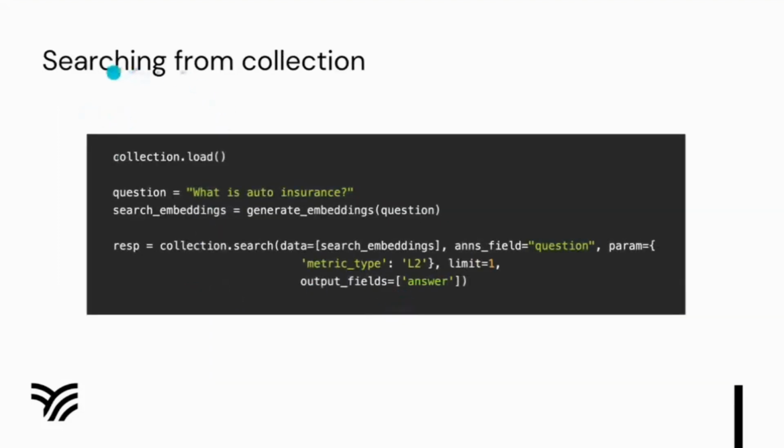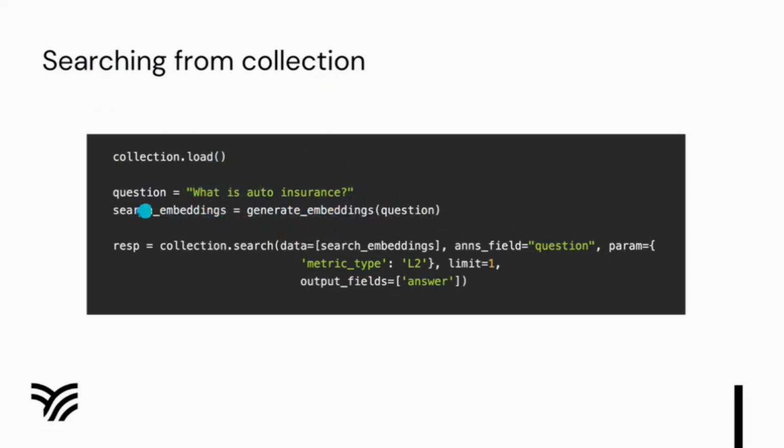Later on, when we want to search something from the collection, first we need to load the collection. Then there would be a question that we want to search from the vector database, and we will generate the embedding of that question using the embedding algorithm, right?